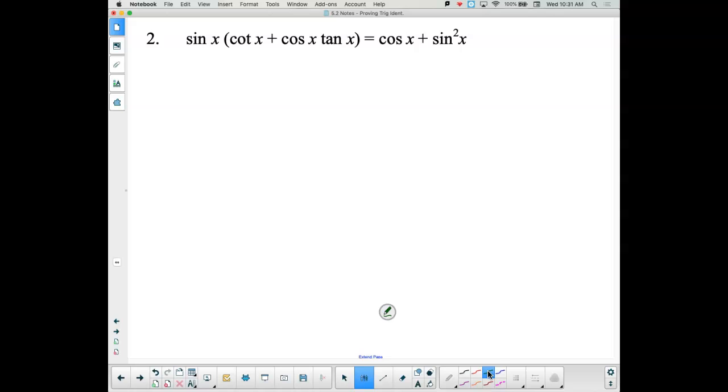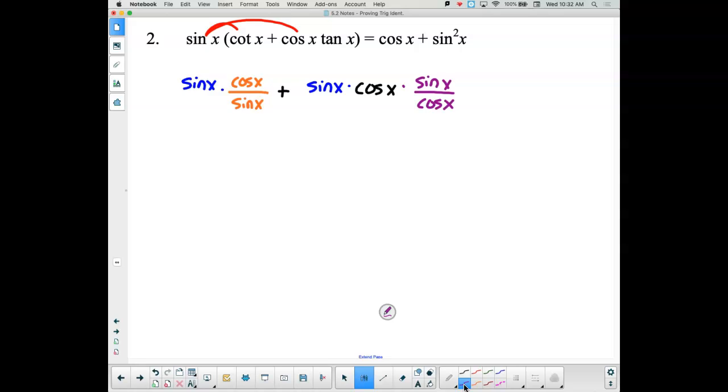So if I distributed in there and into there, then that's going to be sine of x times... So the left fraction simplifies to be cosine of x.